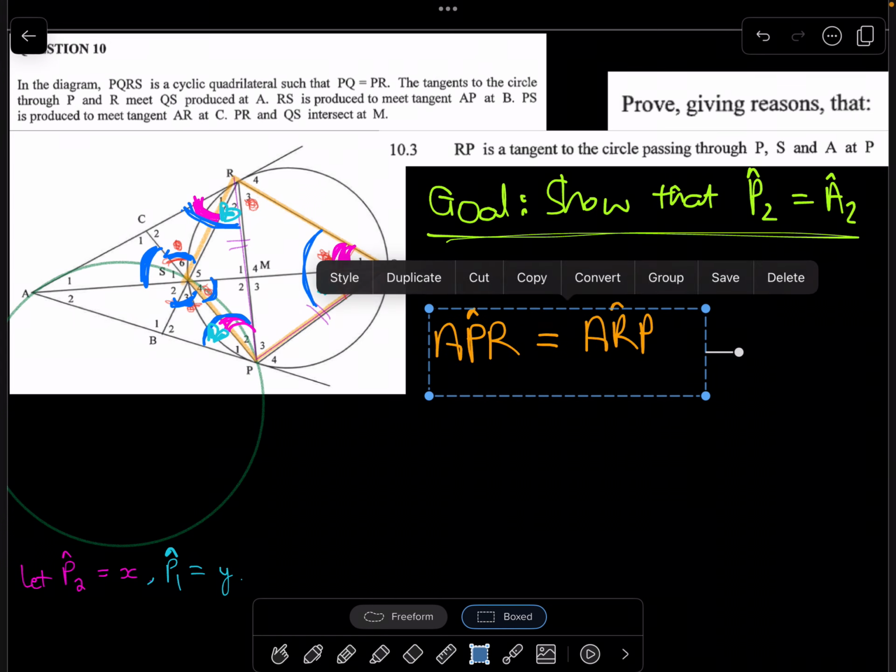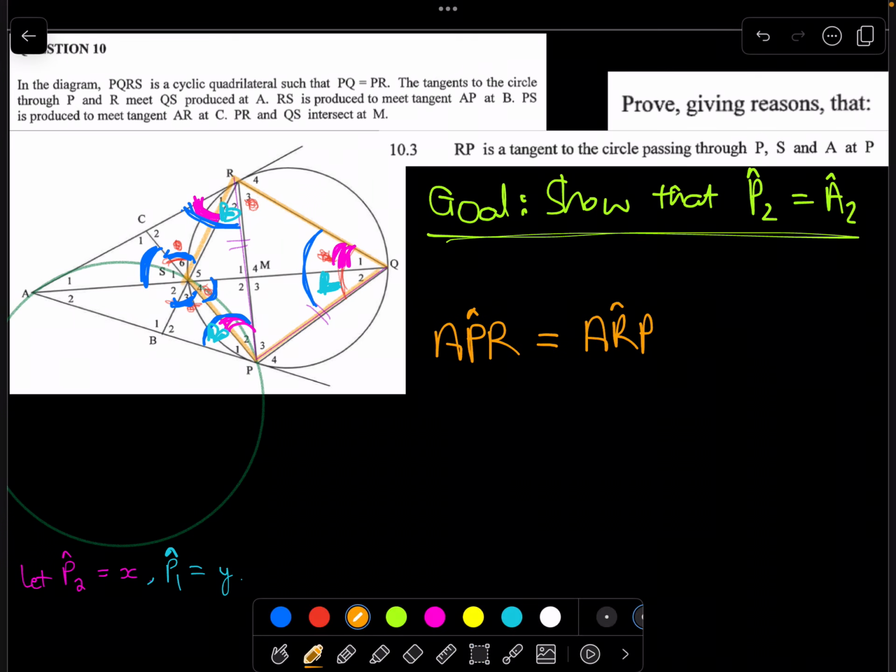The reason for that is because it's base angles of isosceles triangle APR, but we need to justify why that's an isosceles triangle.